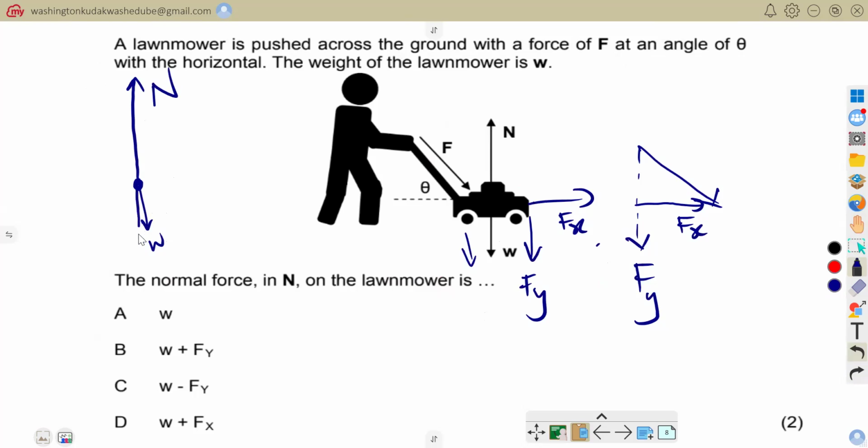And then I also have got my vertical component of this applied force. And then going this way, I also have got my applied component force in the horizontal direction. These are the forces that are acting on my lawnmower.